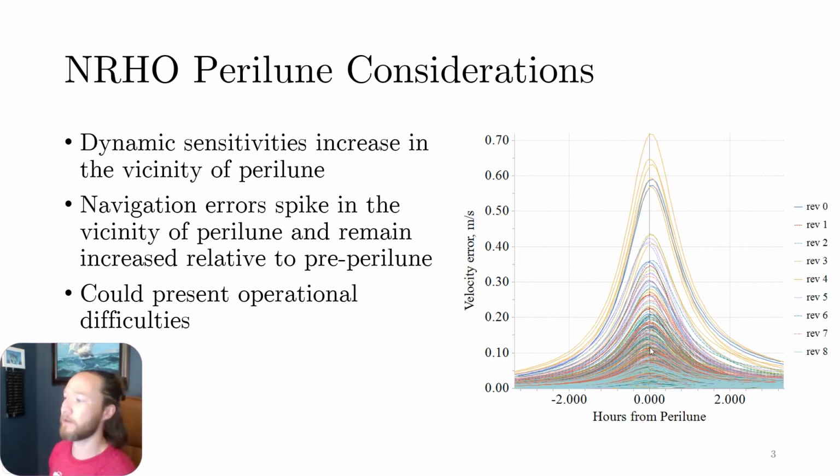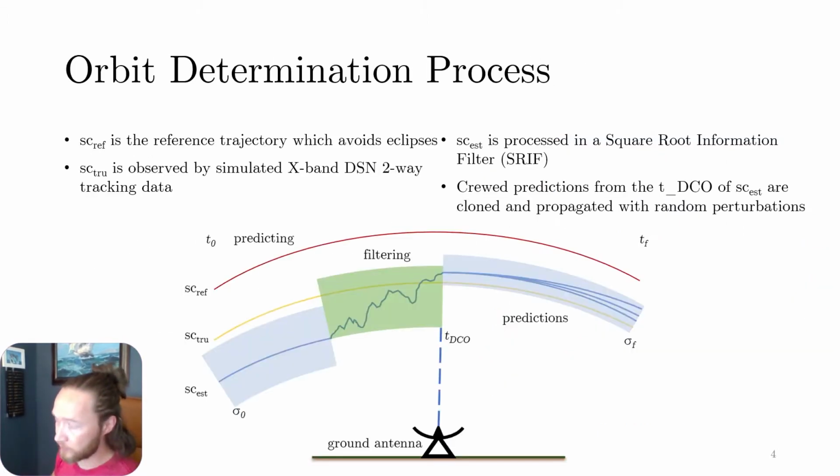You can see that the velocity errors spike in the vicinity and then come down to slightly elevated values. So as you predict through multiple Perilunes, your errors grow in a stepwise fashion through multiple revs. The propagations from a tracking data span through Perilune is what we're looking at, for both the orbit determination and the propagations through that dynamic region.